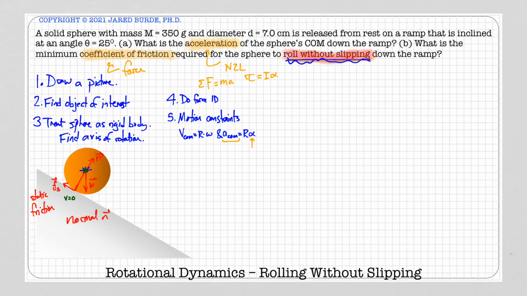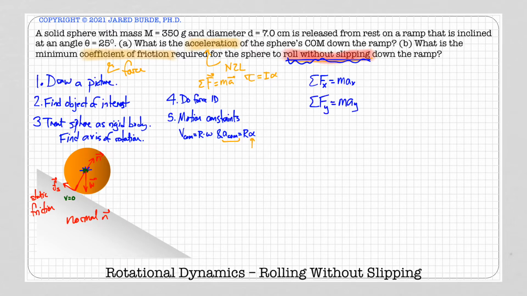So now we're going to look at Newton's laws. The first one to look at here is Newton's second law. These are vector quantities. And in practice, what we're going to have are a sum of the forces in the x direction is going to give us an acceleration in the x direction. Sum of the forces in the y direction is going to give us an acceleration in the y direction.